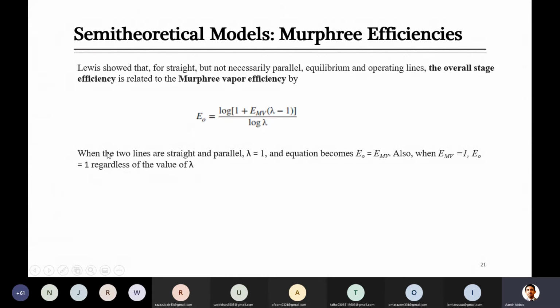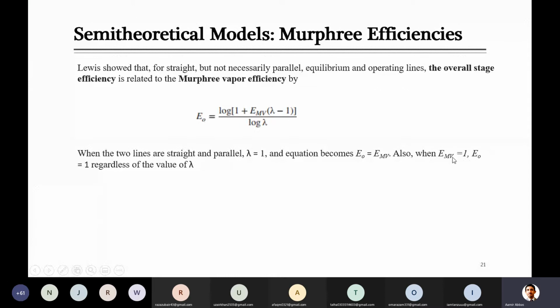When two lines are straight and parallel, two lines meaning one is the operating line and the other is the equilibrium line, for any system when they are parallel, then gamma usually is equal to or close to 1, and the equation becomes E naught equals EMV.